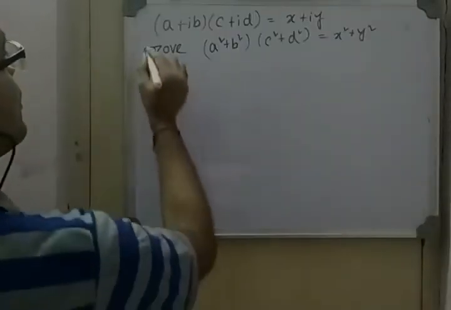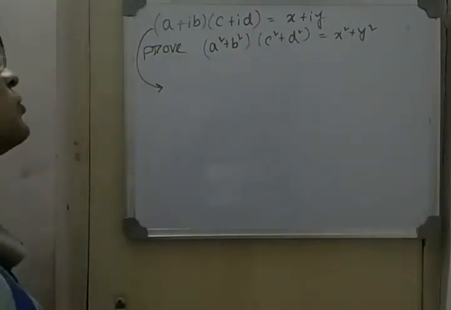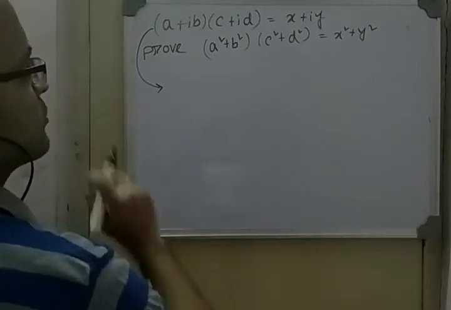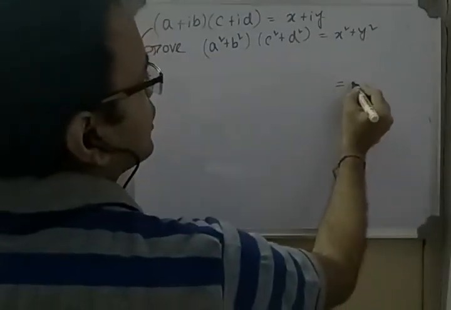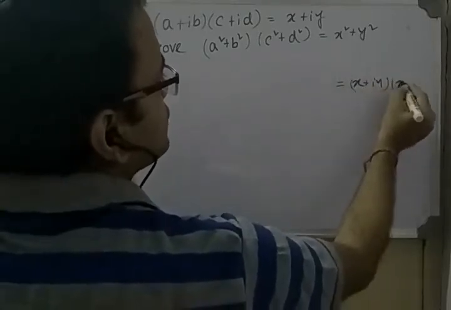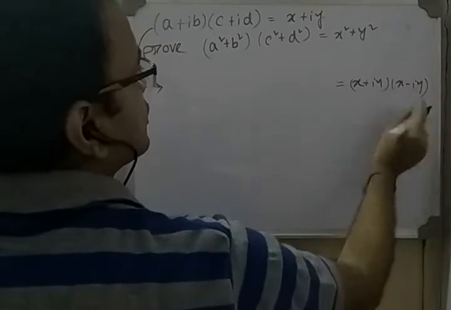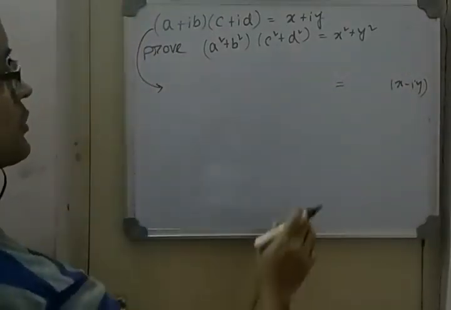See, it is a little bit of the same kind which I solved in the first problem today. I know x square plus y square can be achieved by multiplying x plus iy into x minus iy. So I have x plus iy, so I will calculate x minus iy.